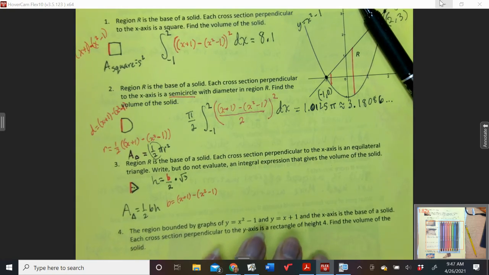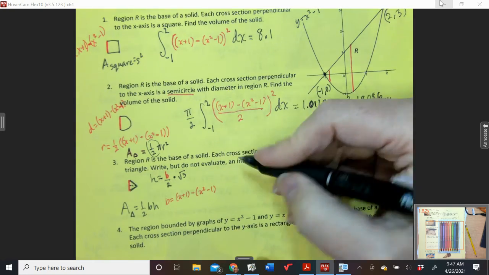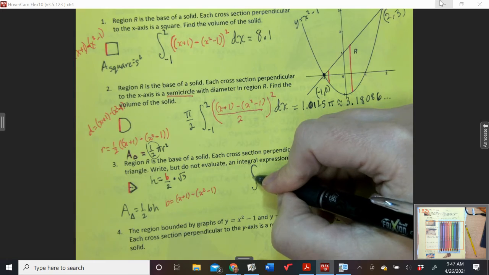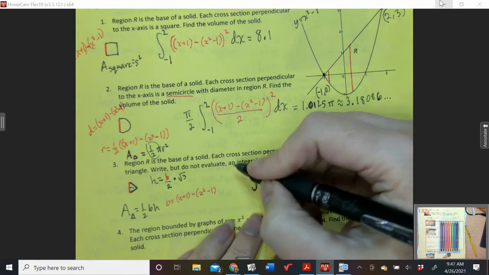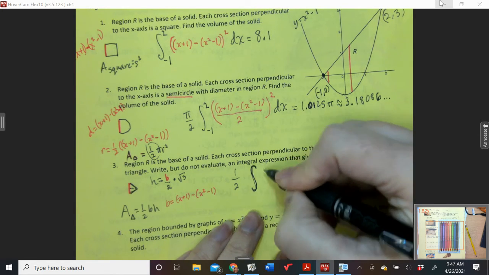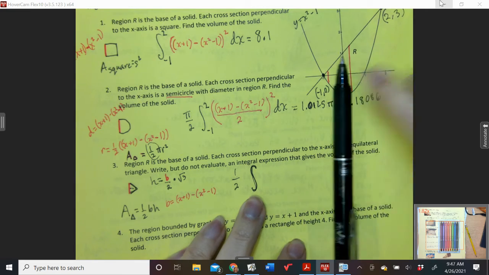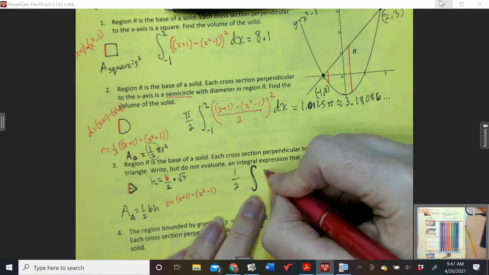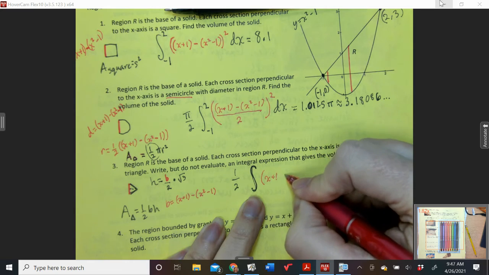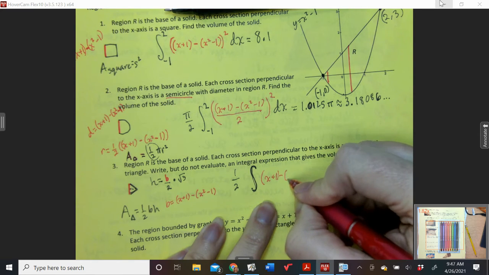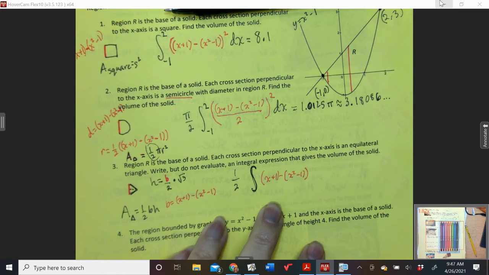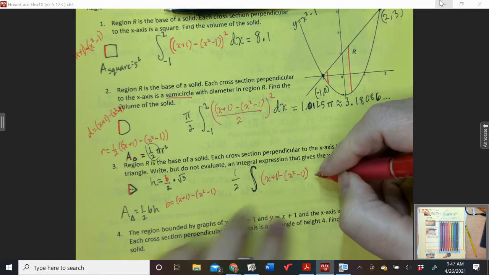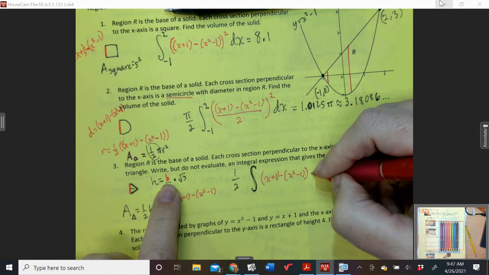Okay. So my integral, same endpoints, will be 1/2 base times height, which is the same thing.